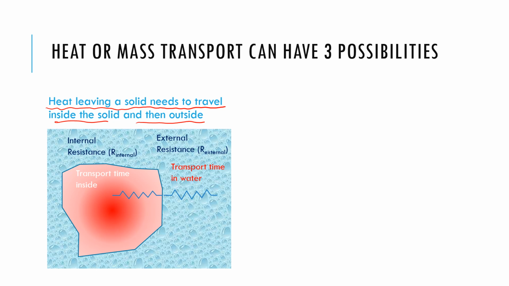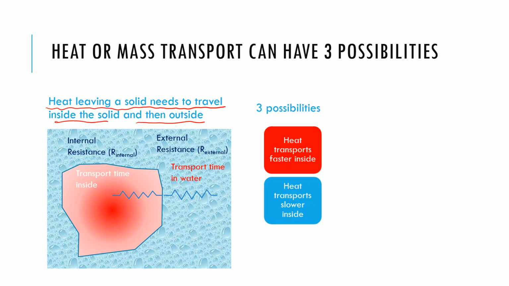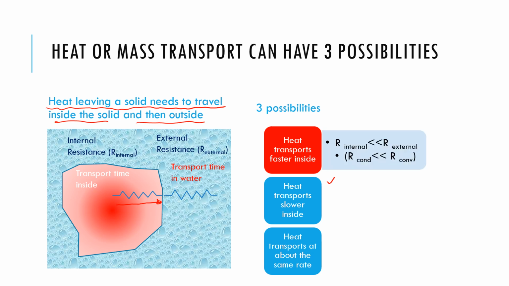So there are three possibilities. What are they? One is heat transports very fast inside, another one would be heat transports slowly inside, and the other one would be heat transports at about the same rate inside as well as outside, in exact analogy to the transportation.